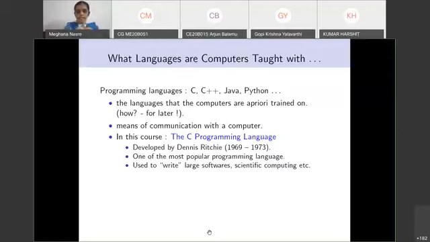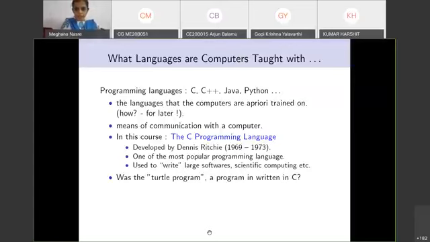It was developed by Dennis Ritchie, and it is used extensively to write large software at different places. Once you learn a language, you can pick up any other language. So the choice of language should not bother you too much. It's perfectly fine to learn this language and then move on to some other language.